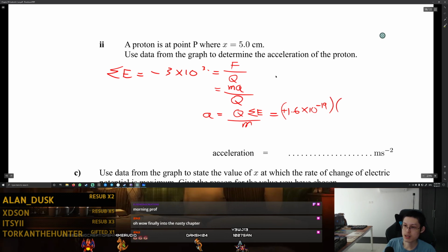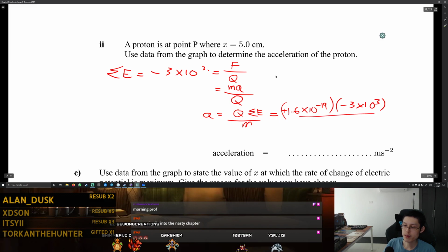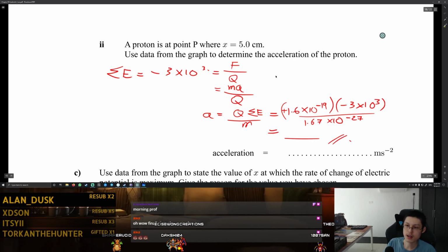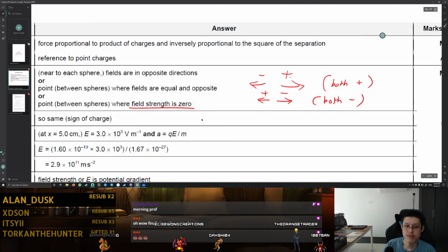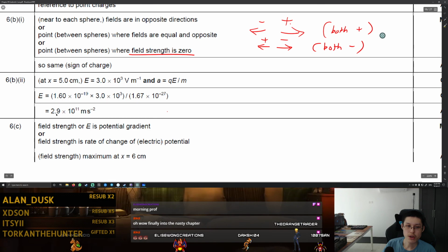Electric field strength is -3 times 10 to the power 3. And then your mass of a proton is 1.67 times 10 to the power of negative 27. So you put that into this, and then you get your acceleration, which is going to be 2.9 times 10 to the power of 11.